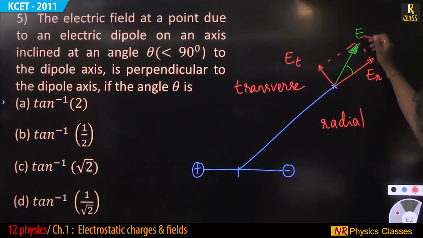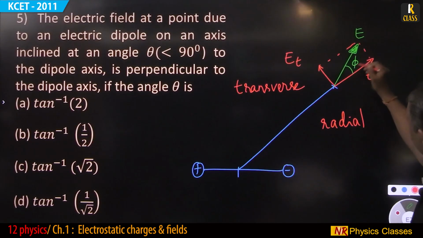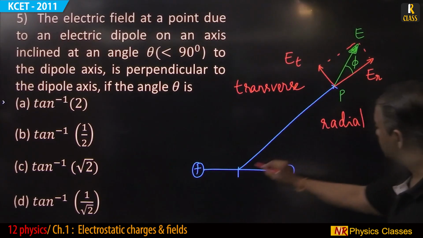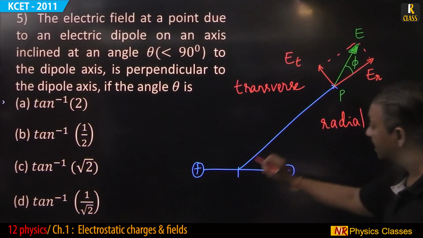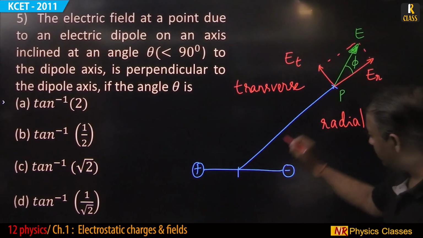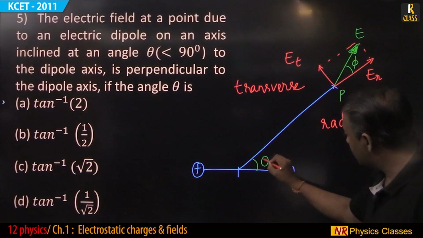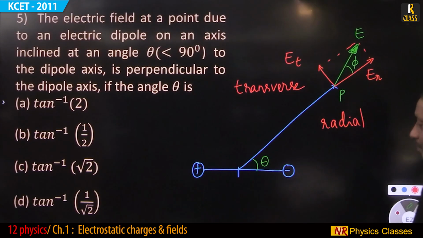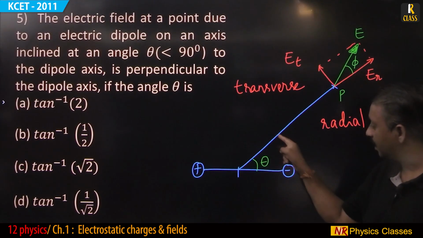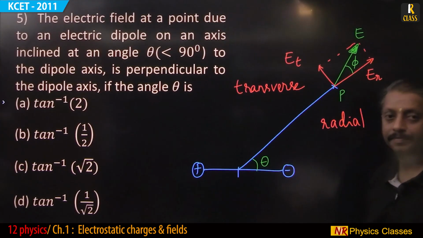This resultant electric field makes an angle phi with respect to radial component. And this point P, this is the shortest distance between center of the dipole and point P. This imaginary line makes an angle theta with respect to dipole axis. This is dipole axis. So, this is angle made by this line with respect to dipole axis.